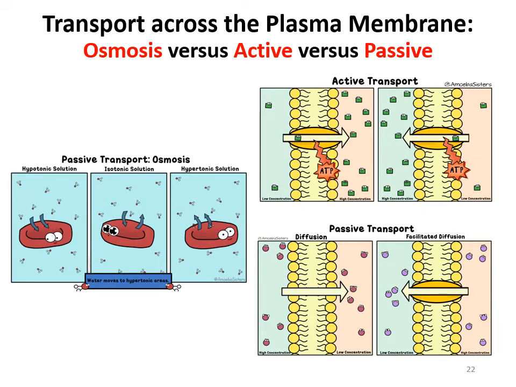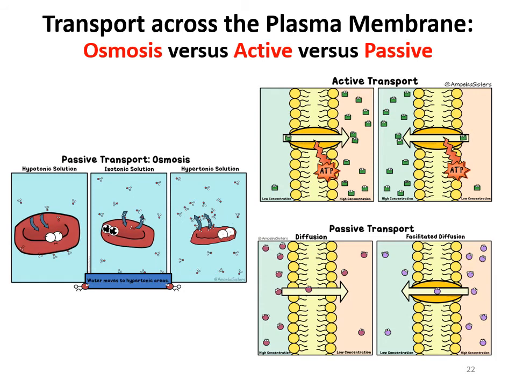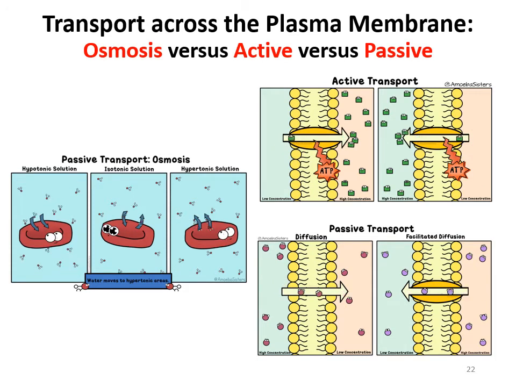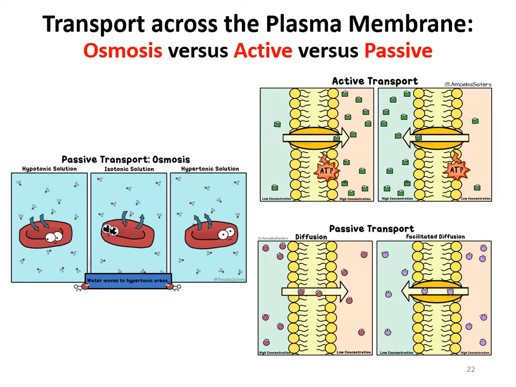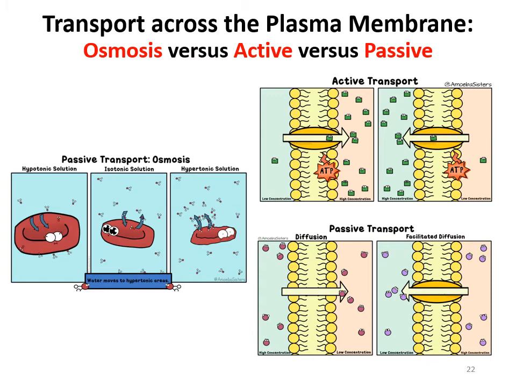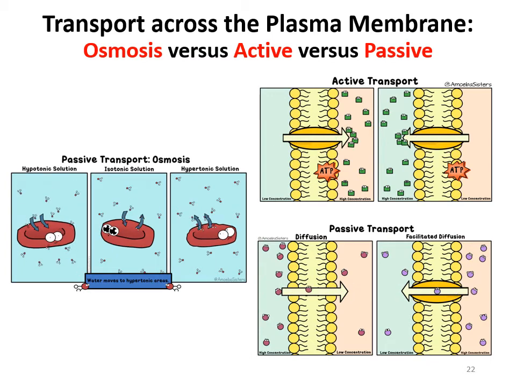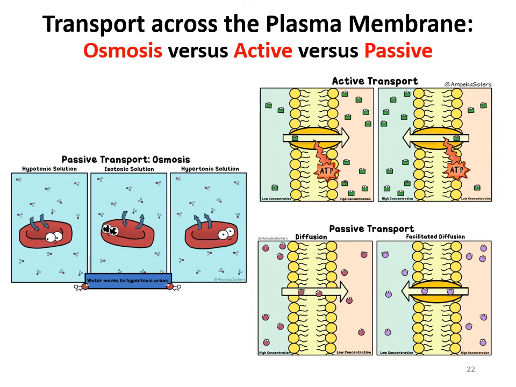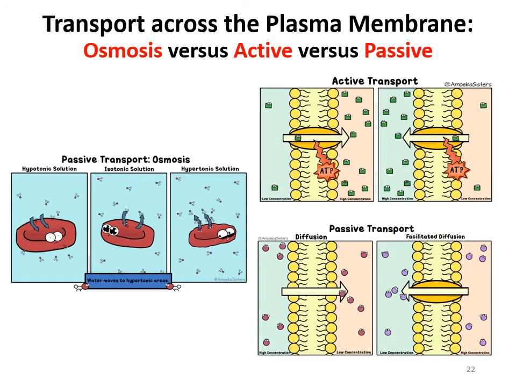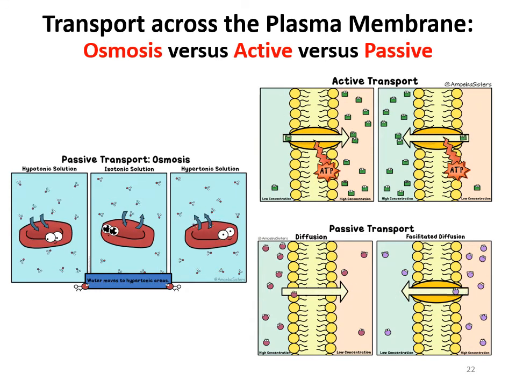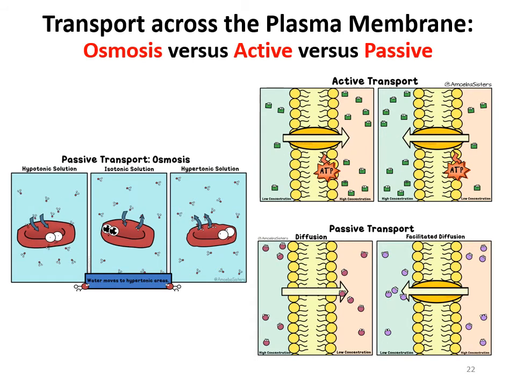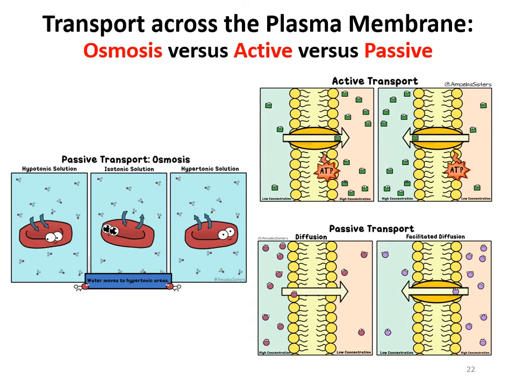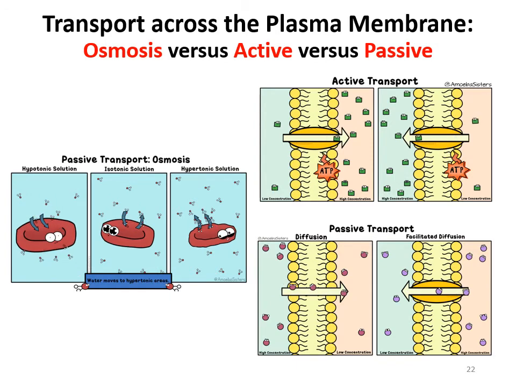Now, if you have a hypotonic solution, hypotonic means low salt around that cell. So if water is moving from where there is low salt, which is around the outside, then it's going to be moving from the outside to inside the cell, which is why in the figure here you see the cell swells and then can burst.